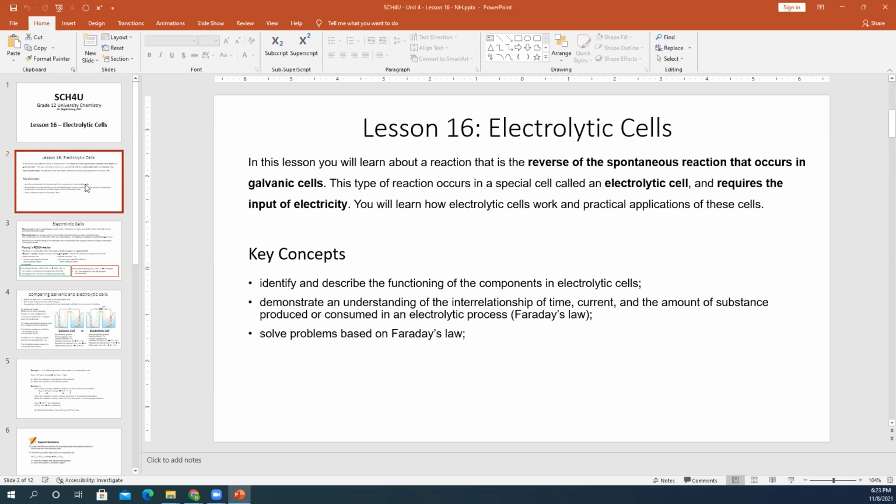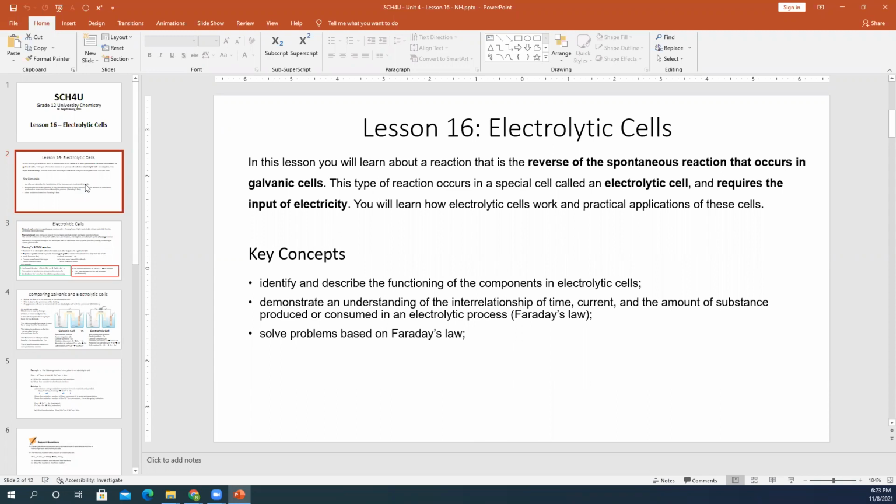In our last lesson, when we were talking about the galvanic cell, we were talking about spontaneous reactions that happen between metals, and this type of reaction that occurred spontaneously produced electricity. Now today we are going to talk about the opposite of this reaction that requires an input of electricity and occurs in special cells called electrolytic cells.